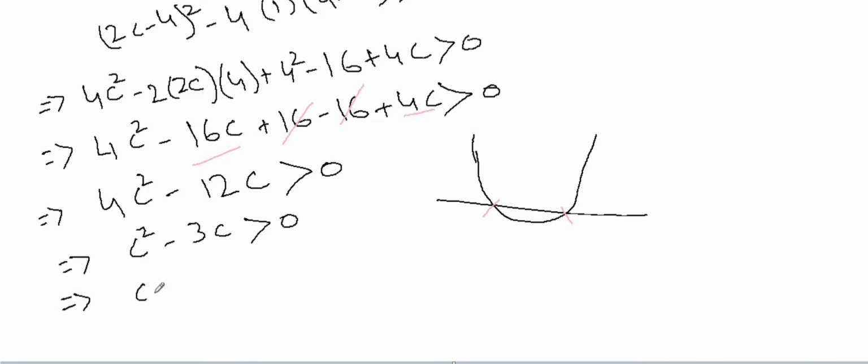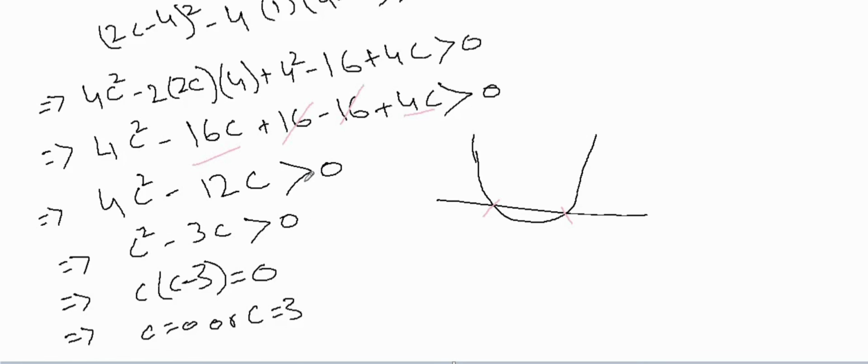So just do the factorization over here, taking c common, it becomes c(c minus 3) is equal to 0. Why is it equal to 0? Because we have to treat it like a quadratic equation, not an inequality. Only in that way can we find the real roots. So c is equal to 0 or c is equal to 3.